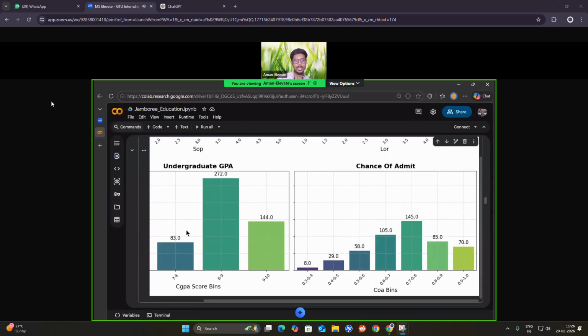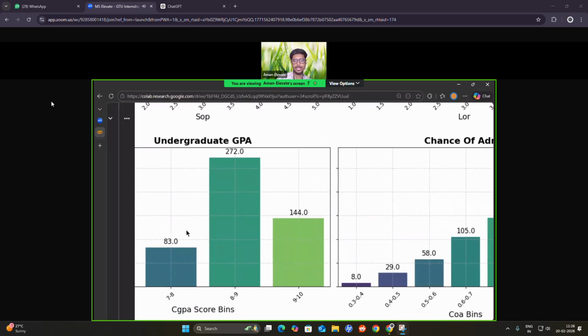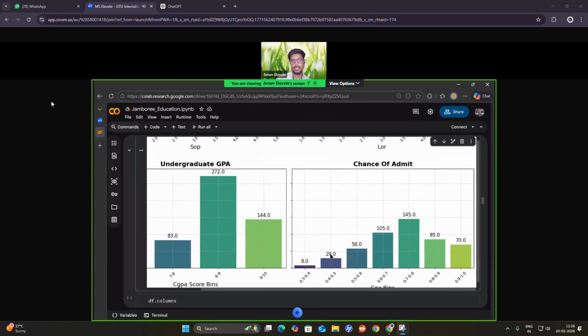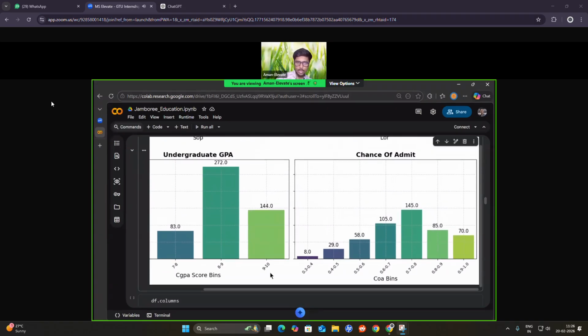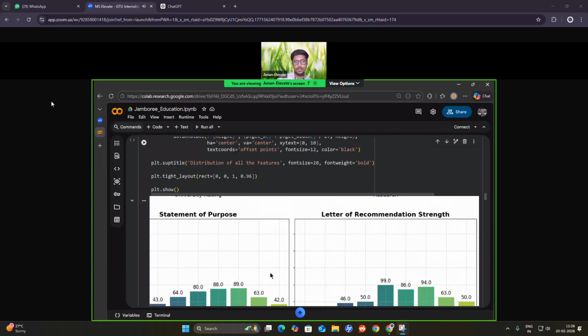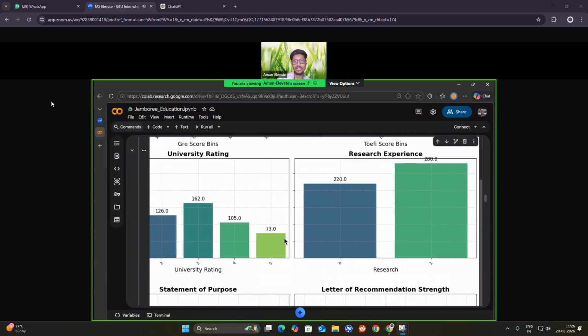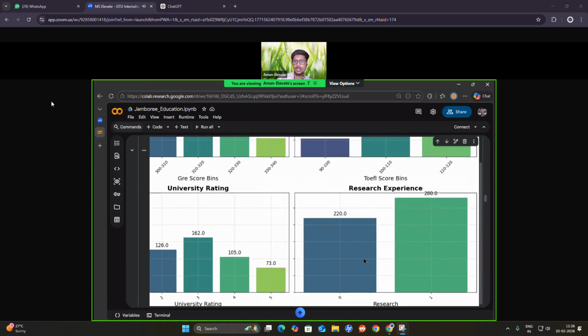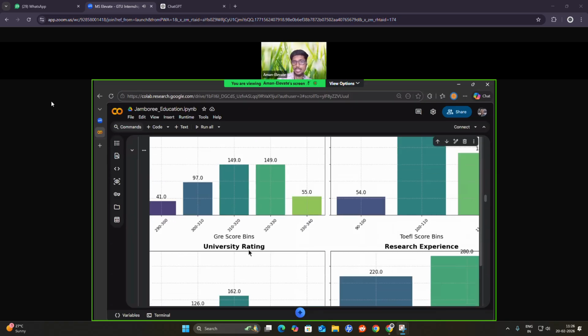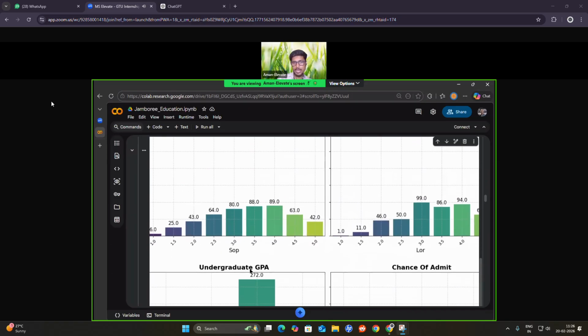And then undergraduate GPA, most of the people, around 300 people, are getting 8 to 9 GPA, and then there is chance of admission. So now we have understood that there are only a few things that can decide your chances. Research is not something that can decide. TOEFL score, GRE score, university rating can decide.